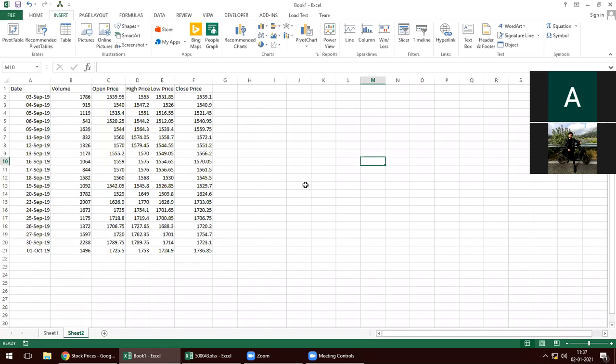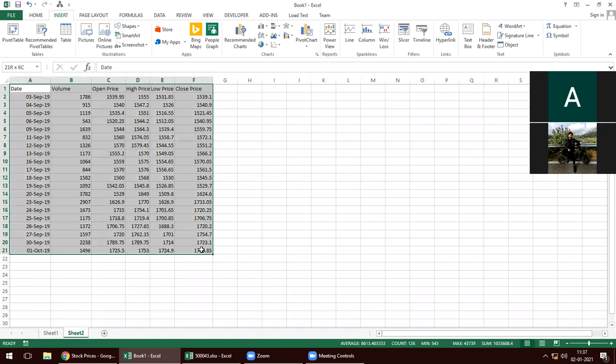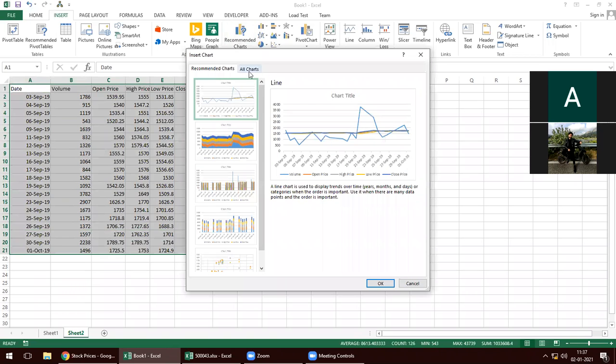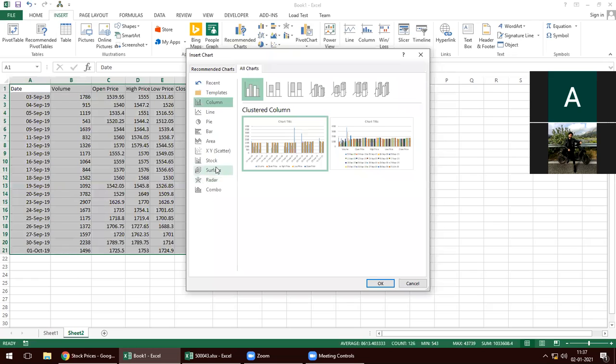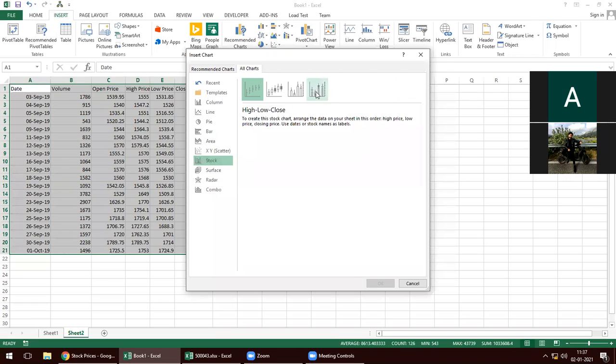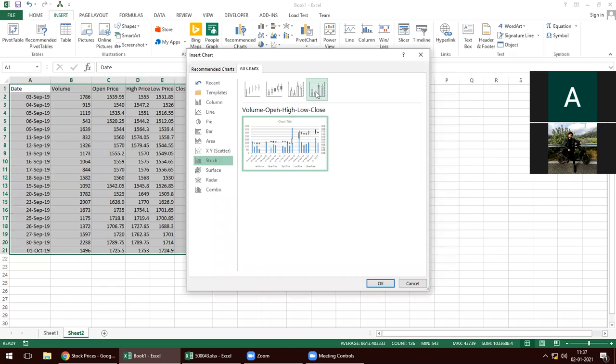Done, sir. Good. Now we will prepare the final chart. Next chart, same thing. Copy that one, go to recommended charts, all charts, then go to stock. Then choose the last one: volume, open, high, low, close.